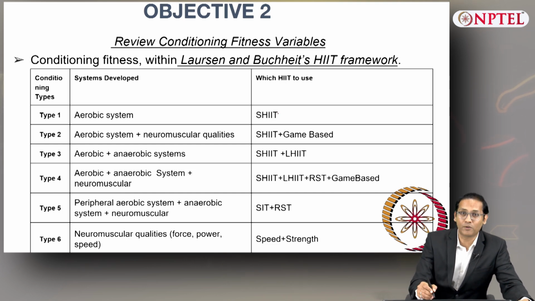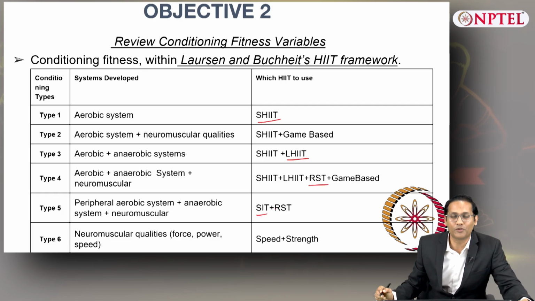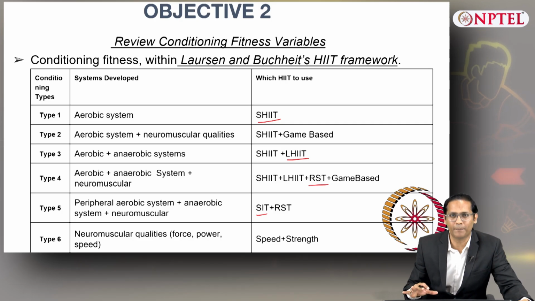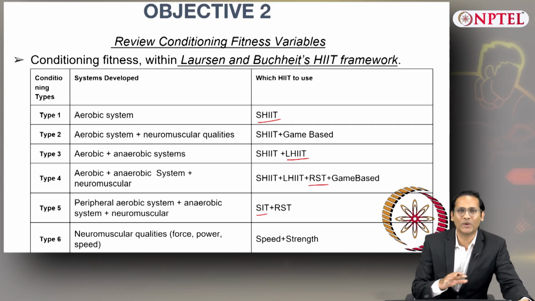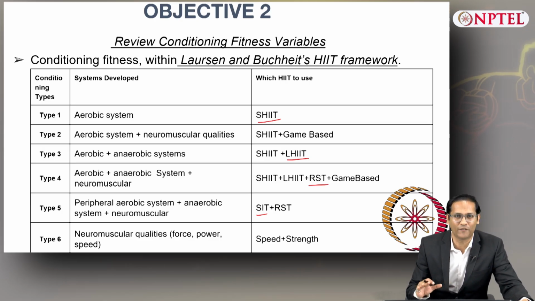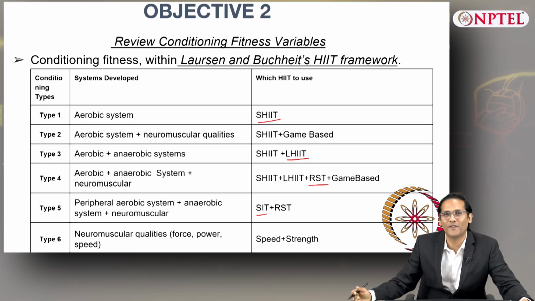The types of HIIT are short HIIT, long HIIT, repeated sprint training and sprint interval training. So you use this framework mapping to develop a specific conditioning type that represents developing a specific aerobic system or a combination of aerobic systems.